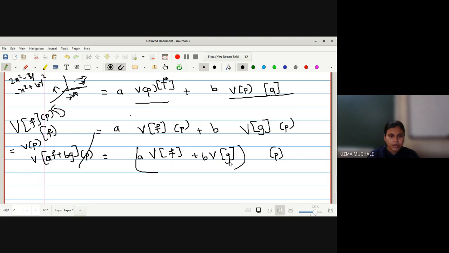Now this point p is an arbitrary point in the E3 space, and hence we can write the result that the directional derivative of a function af plus bg on a vector field can be written as a times the directional derivative of function f on a vector field V, plus b times the directional derivative of function g on a vector field V. Okay?